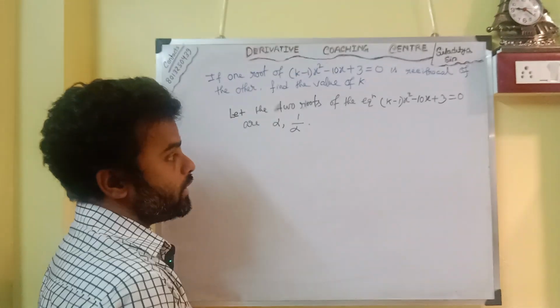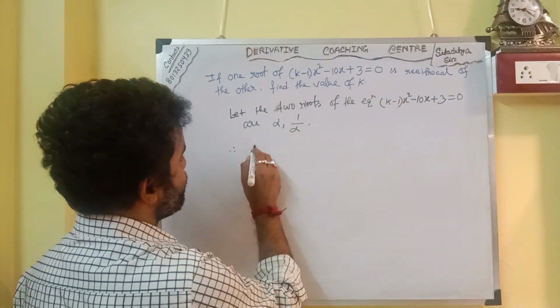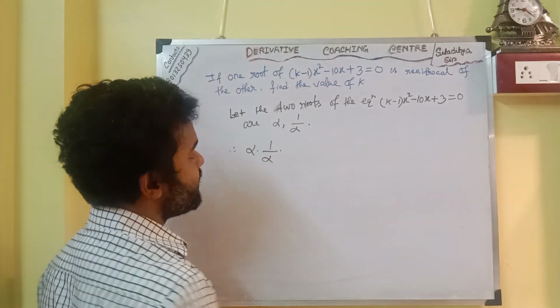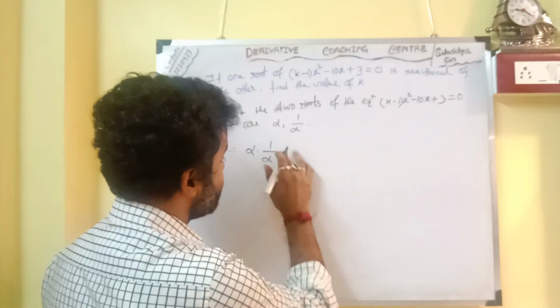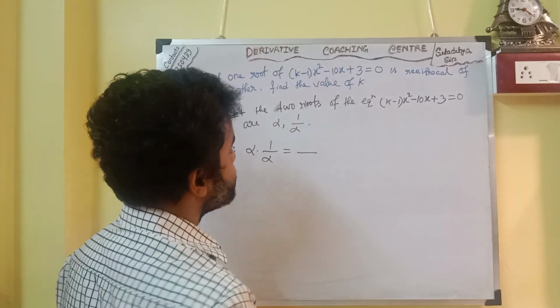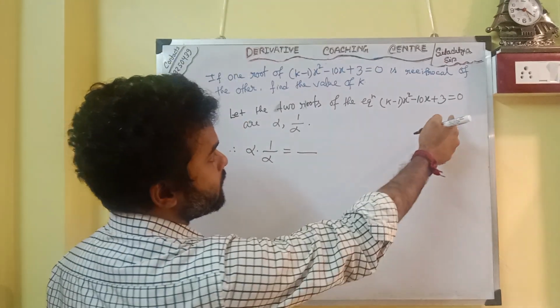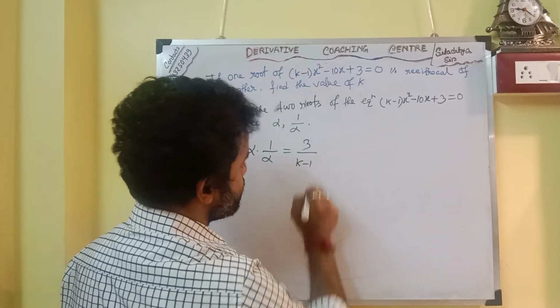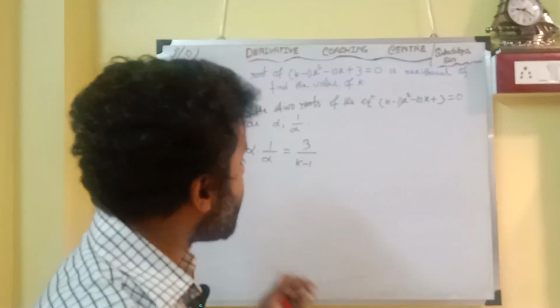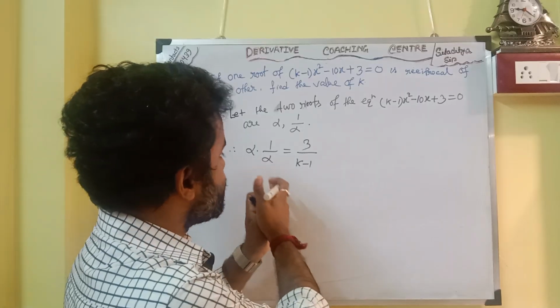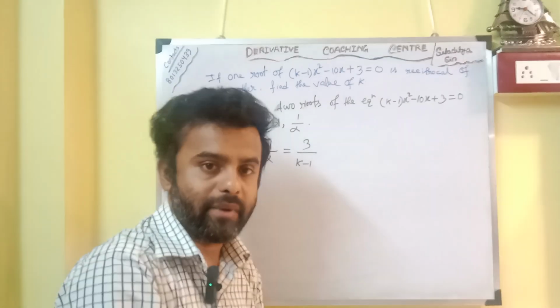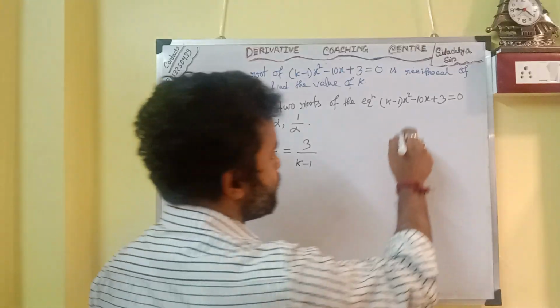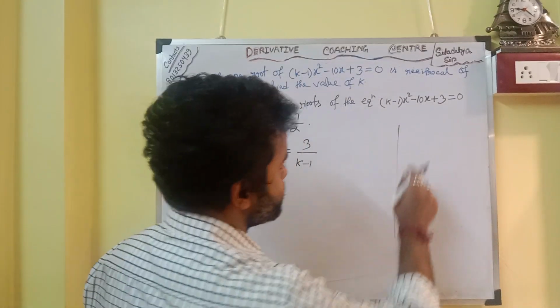The product of the roots, alpha into 1 by alpha, is 3 by k minus 1. You may want to know how, sir, the product of the roots becomes 3 by k minus 1. I'm going to give you the concept.